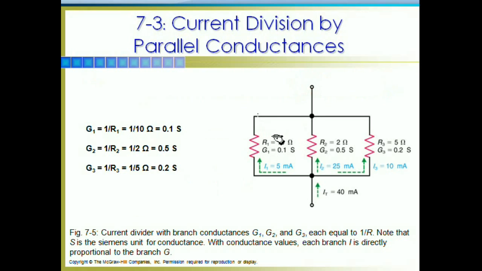Here we have 3 resistors, one at 10 ohms, one at 2 ohms, and one at 5 ohms. Well, my conductance for the 10 ohm is 0.1 Siemens. My conductance for the 2 ohms is 0.5 Siemens. My conductance for the 5 ohm is 0.2 Siemens.